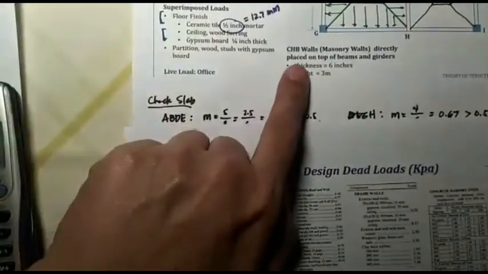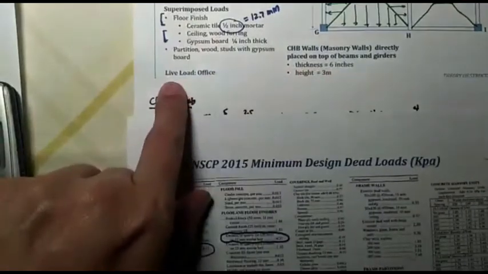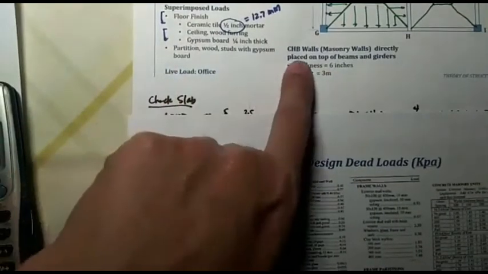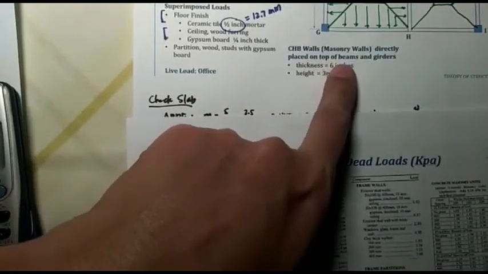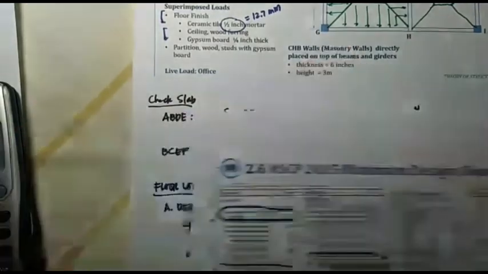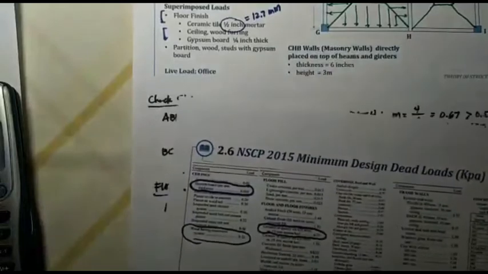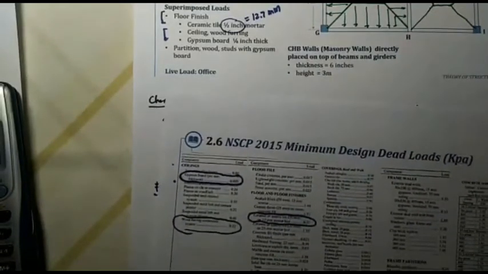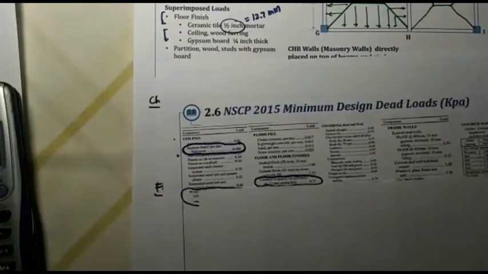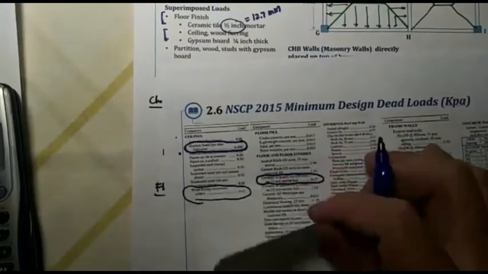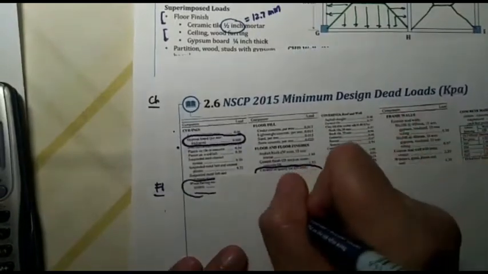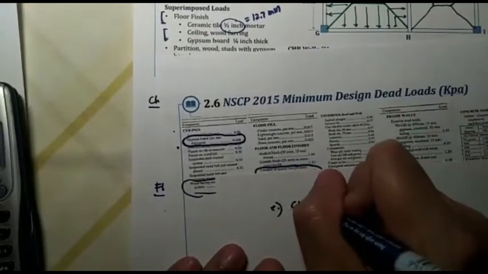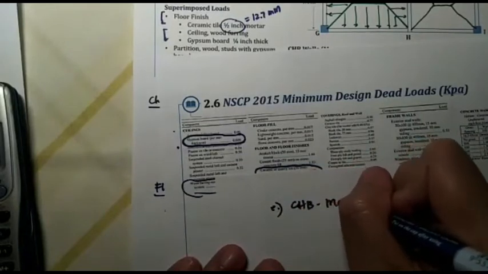So what else pa? Ito pa, yung CHB wall. I-separate natin yung live load mamaya, no? So ito muna, CHB walls or masonry walls directly placed on top of the beam. CHB stands for concrete hollow blocks. So point E, CHB or masonry wall.